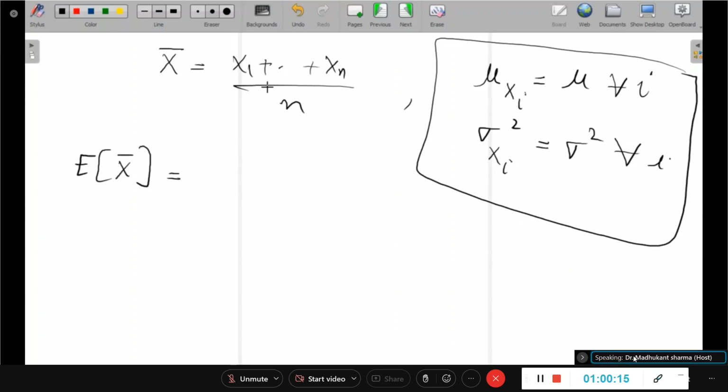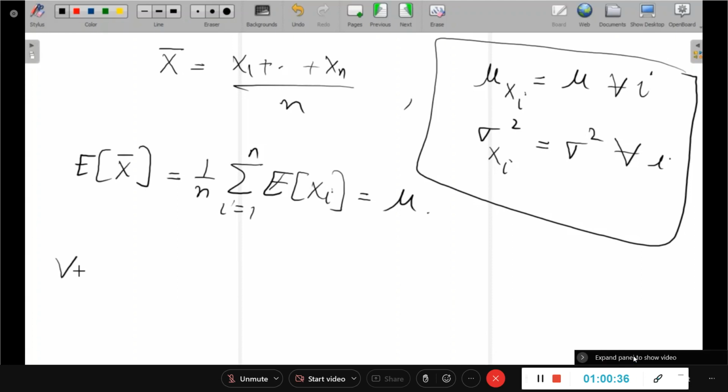Because these are independent, identically distributed random variables, the expectation of x bar is 1 by n times the summation of the expectations of xi, i equals 1 to n. Each one is mu, n times mu, and divided by n that is mu. So the mean is still mu.